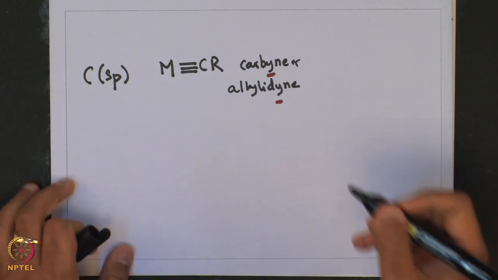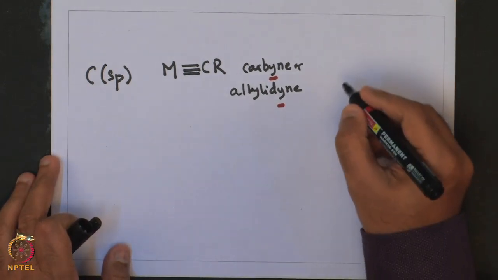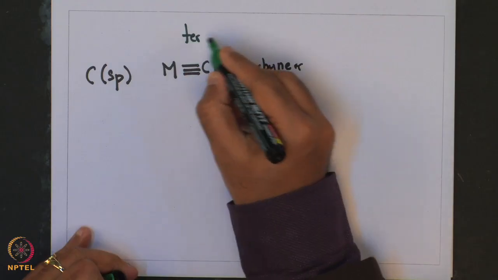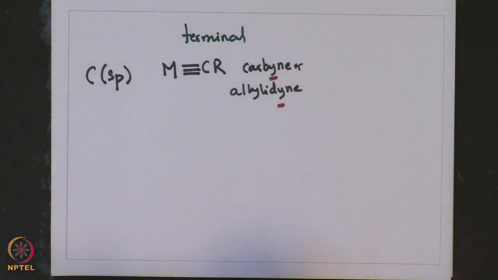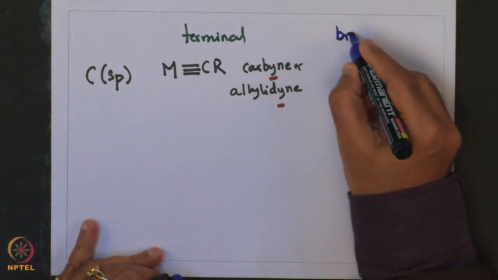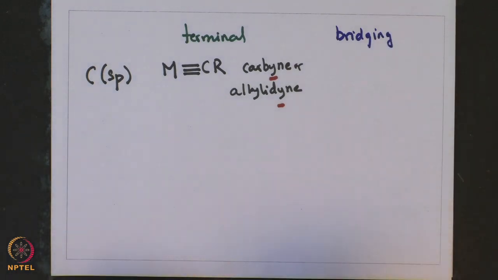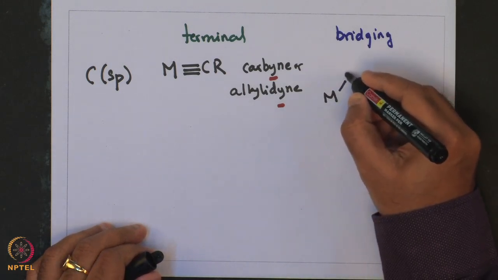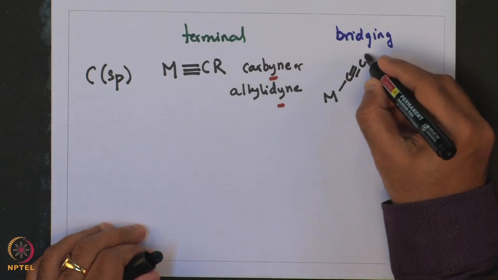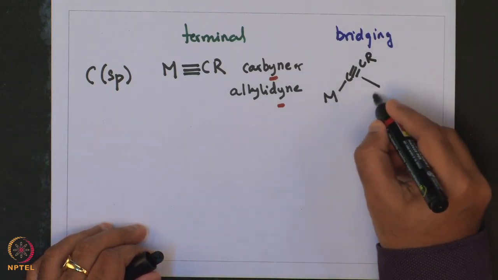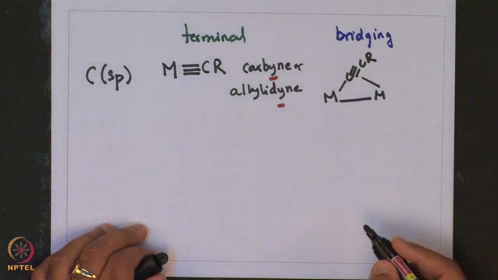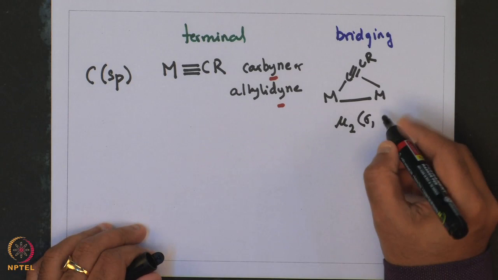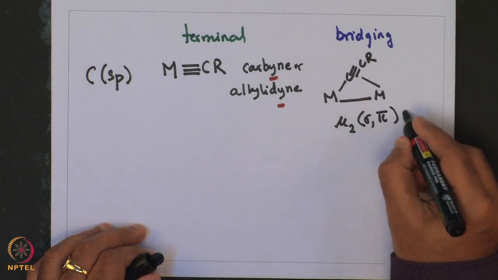So, this is a terminal type. The carbyne can also bind in a bridging fashion, which can be shown like this, and this is called mu 2 sigma pi alkynyl.